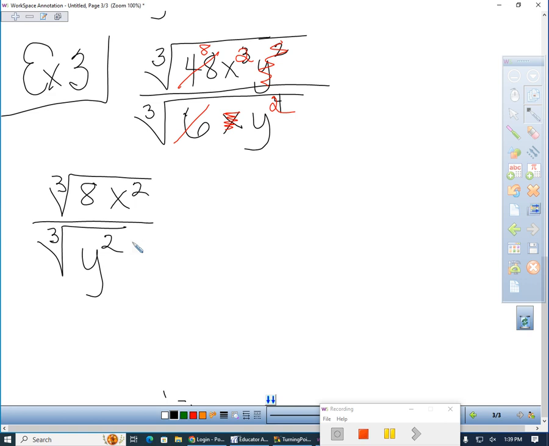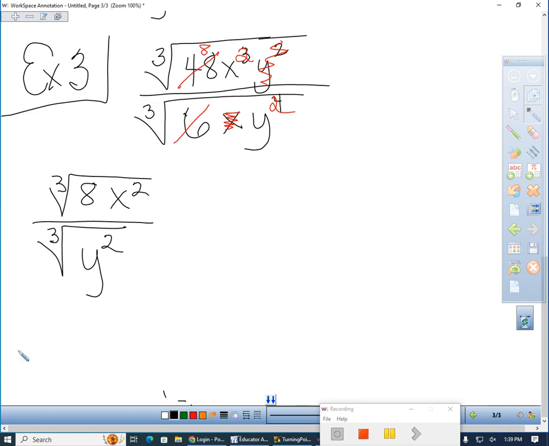What's the next step? Simplify. Is there something I can take out of one of those? Yeah, so I can actually simplify this top one because there's 3 2's in here, right?